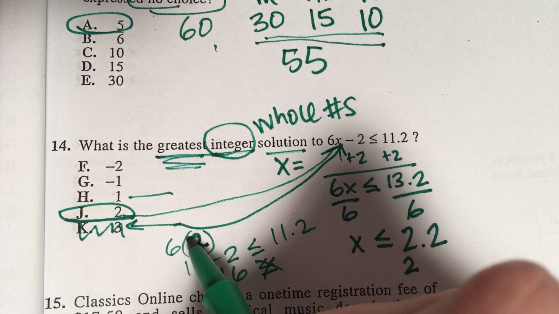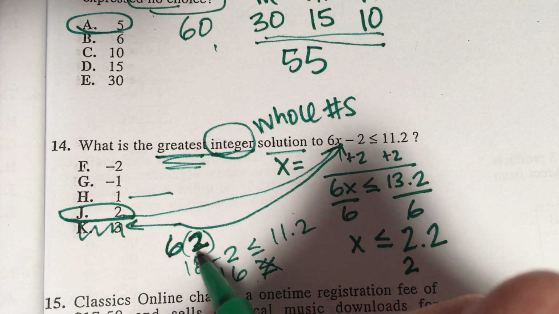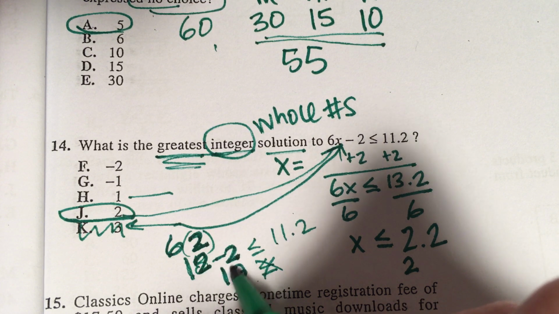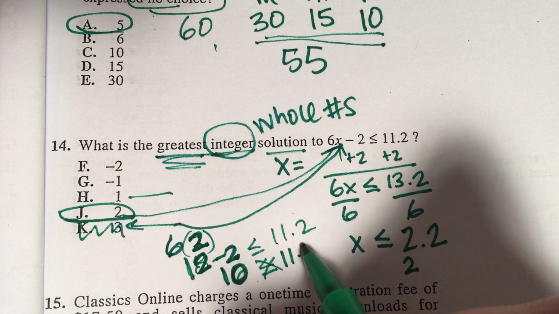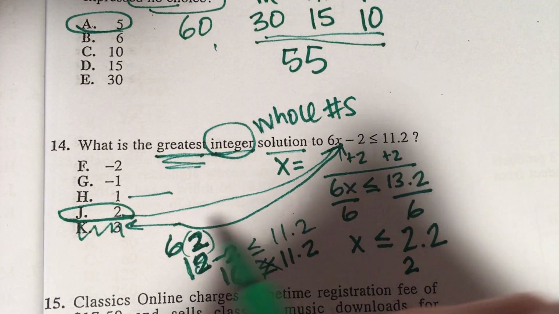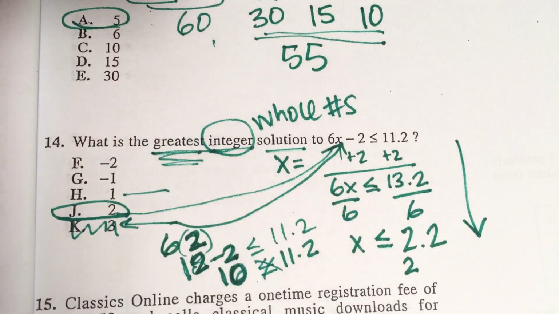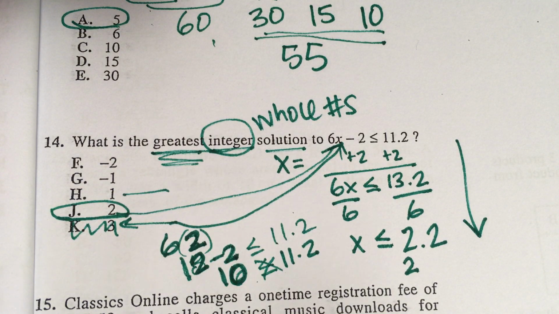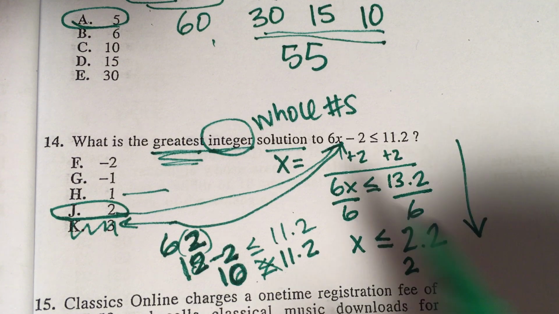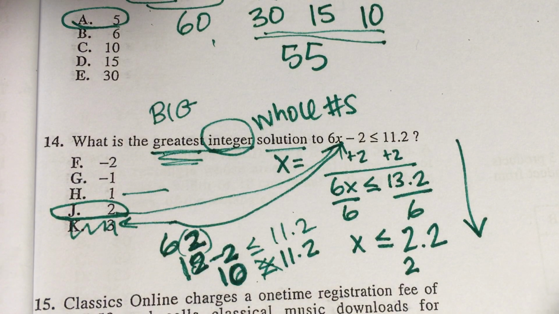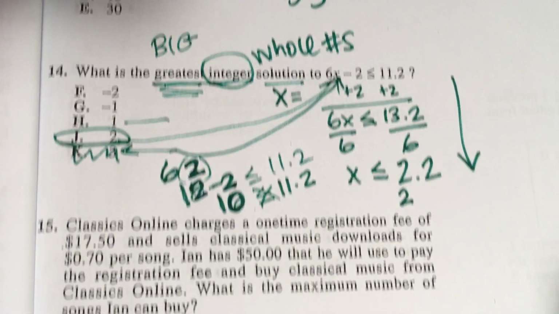If I put 2 in here, I would have 6 times 2 is 12, and 12 minus 2 would give me 10, and 10 is less than 11.2. So if you want to guess and check, you could do that as well. I think it's probably faster to solve the equation for most of you guys, but if you want to guess and check, you can. Just because it's the greatest, start with the biggest possible answer choice rather than starting with H. Cool.